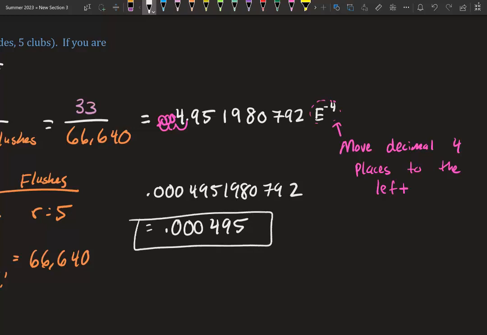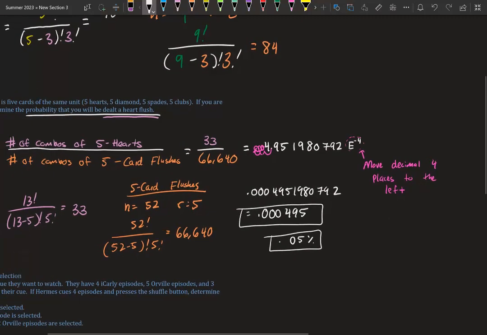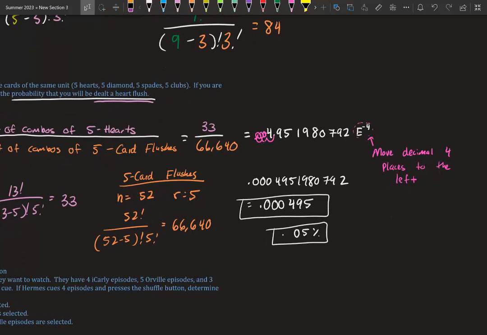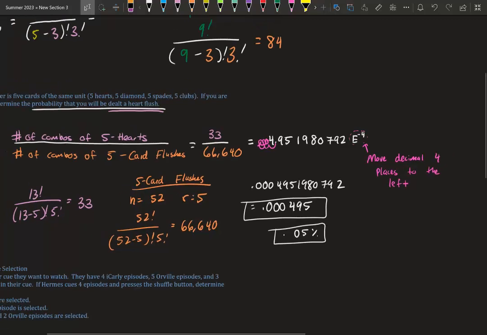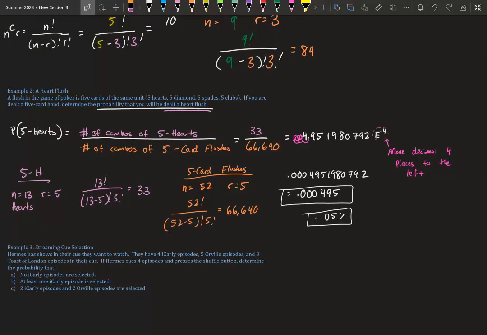If you want a percent there, .05%. So to get 5 hearts in your hand, if you want a heart flush, it's half of a percent. Half of a percent. Woo! That's wild. That's so rare.